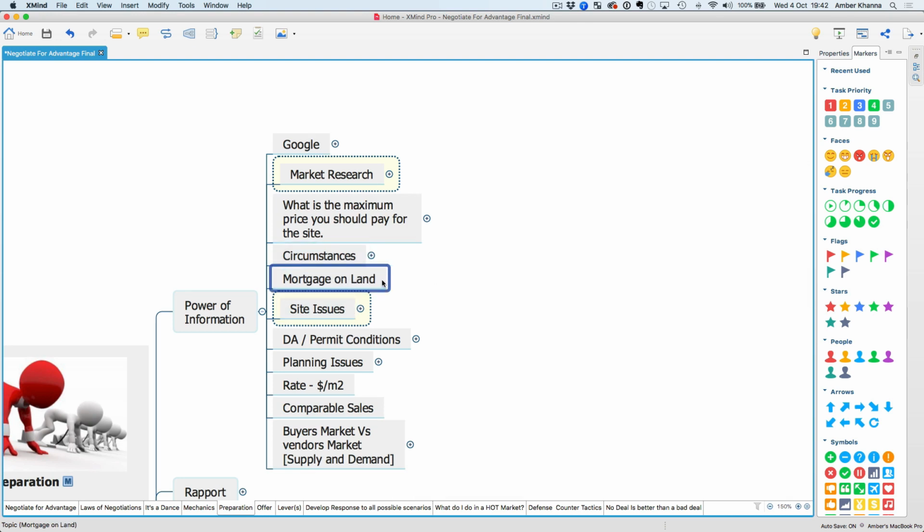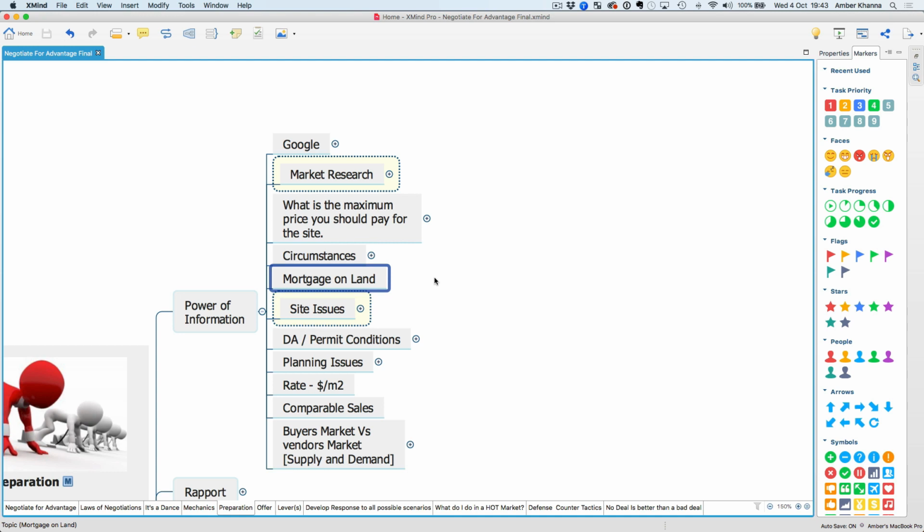If you know that they're emotionally attached to it, you might structure an offer that's a win for them, and a win for you. So you find out when the site was first listed, how long it has already been on the market, how the suburb is doing, what the supply and demand are, and what's going on there. All this information is required for you to do any kind of negotiation.